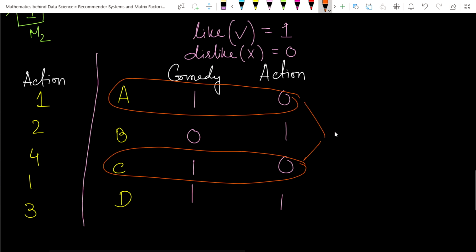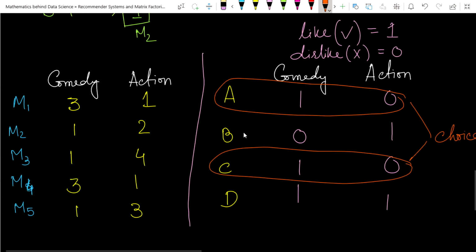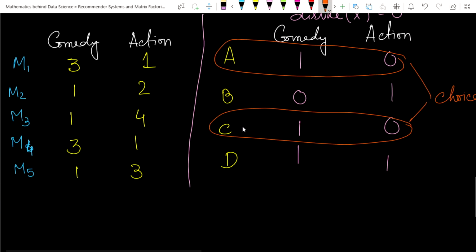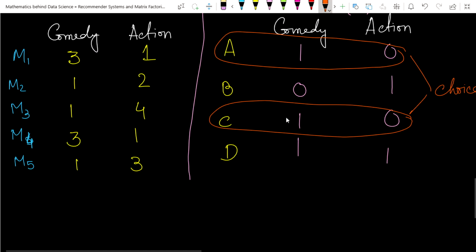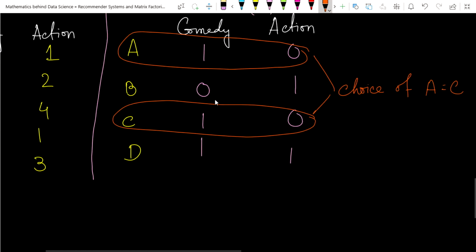So from this, we can conclude that choice of A equals C. Now, one thing we analyze: the choices of B and C combined are the same as the choice of D. These are the things I'm talking about.